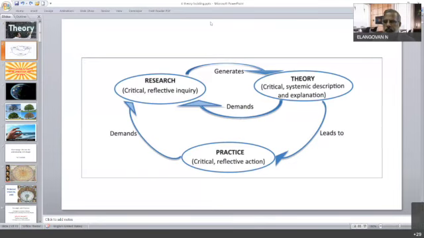Research generates theory. So that's why, if you see, research is a knowledge generation process. As per our first session, we understood that there is a connection between research and knowledge, because research generates knowledge. And that knowledge is in the form of theory. And theory is required for research. Theory demands research.